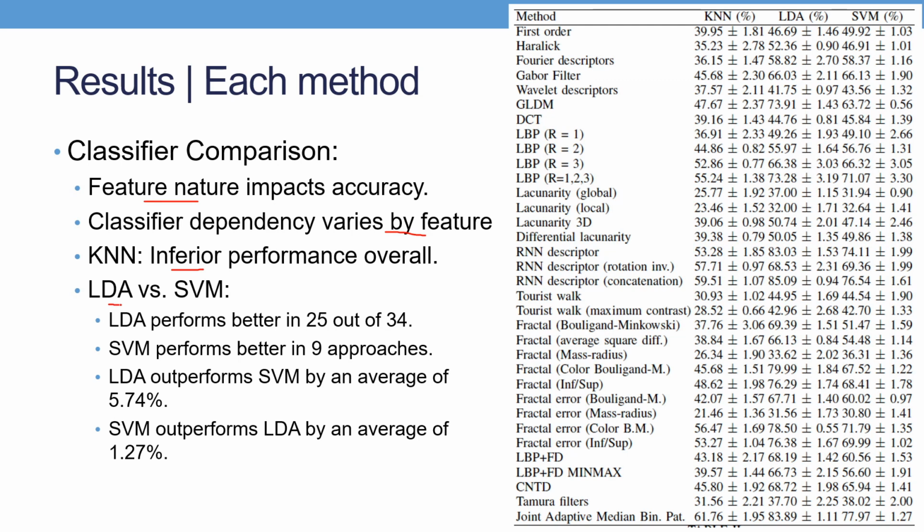If you compare LDA and SVM, LDA performs better in most cases, while SVM performs better in only 9 texture methods. On average, LDA outperforms SVM by 5.74%, and SVM outperforms LDA by a small margin.